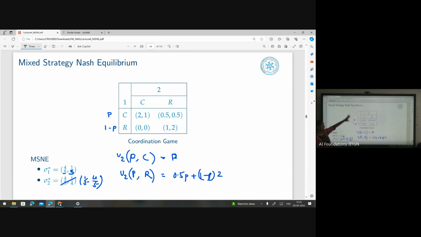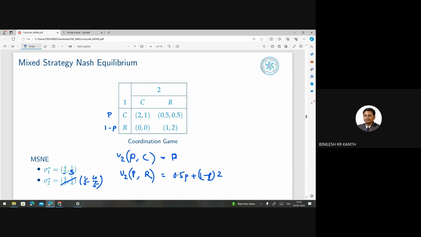So you fix a value for player 1, and when would player 2 randomize? Using this particular equation, you equate it and then find value P. So only when these two players play these particular strategies, the other randomizes with the other particular strategy. Only then they don't have an incentive to deviate from these strategies. So that's how you compute mixed strategy Nash.